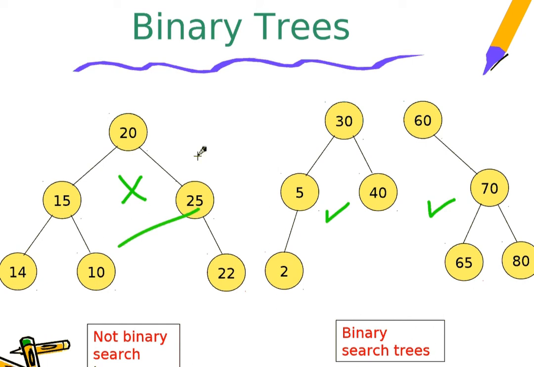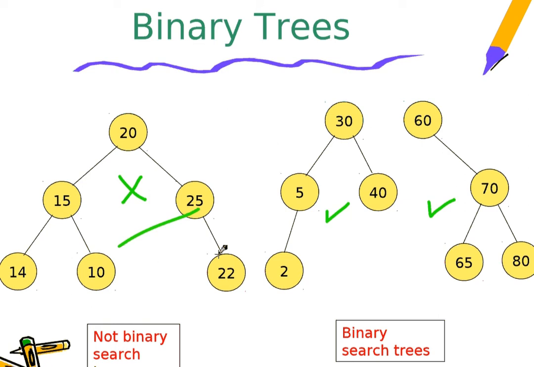Similarly, the right of 20 is 25, that is fine, but in this right subtree, the right of 25 should be greater than 25, but here it is less than 25. So because of these two conditions, it does not satisfy the property of a binary search tree.